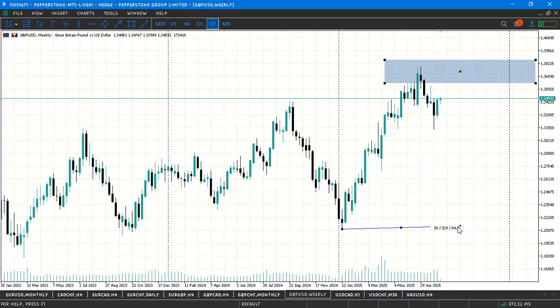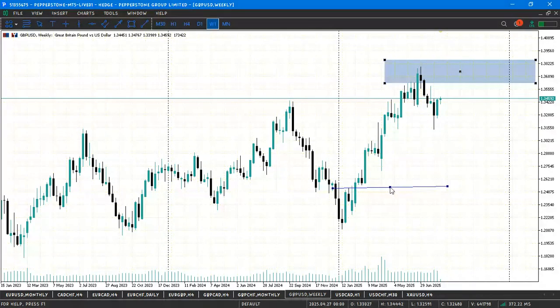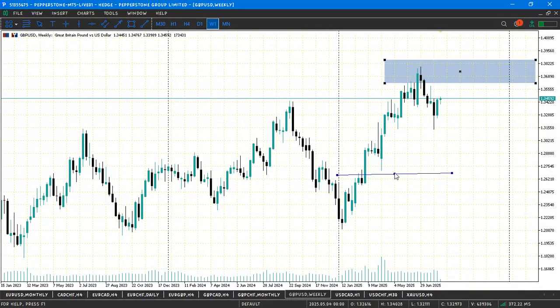We can see this low and this high, the low and the high, and finally the low and the high, which the market has been moving in an uptrend with.